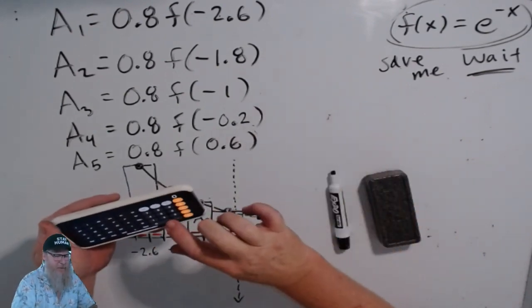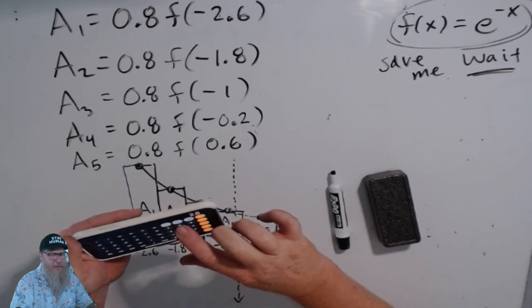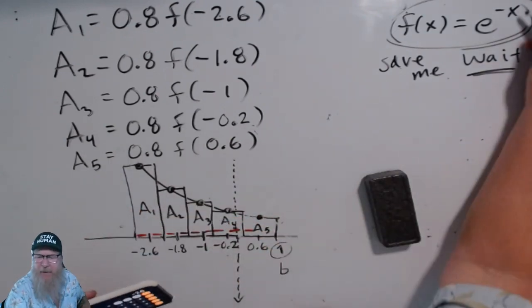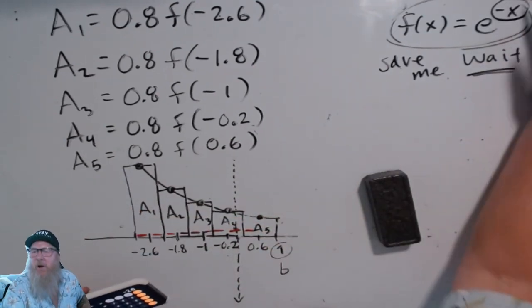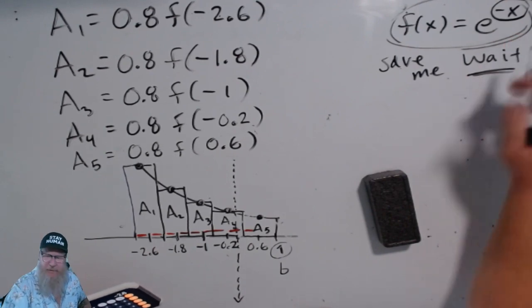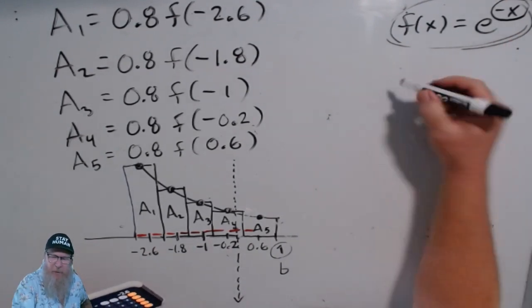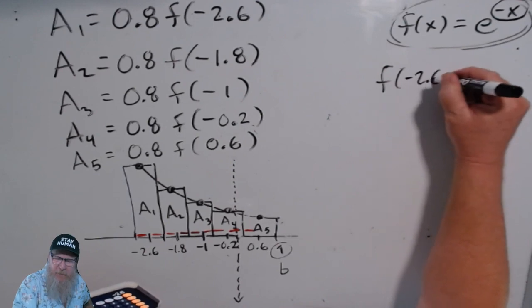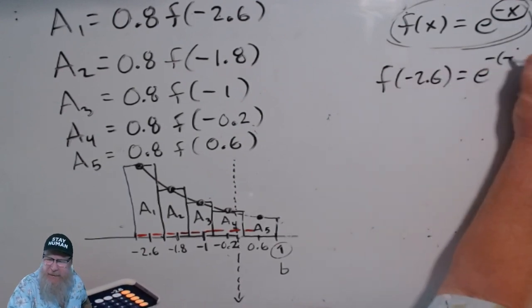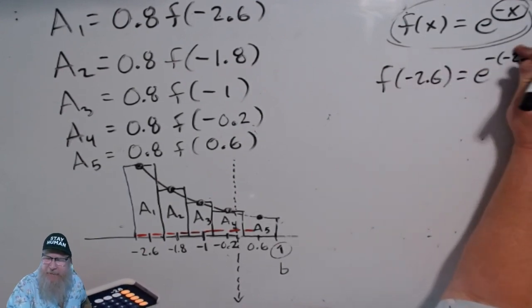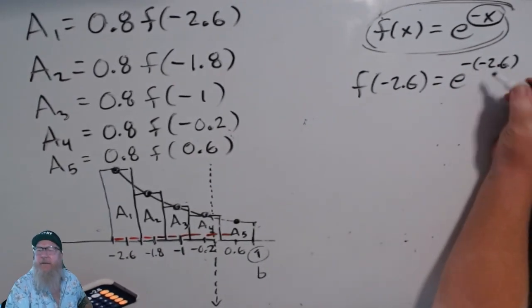So we got negative 2.6. Now I want to point something out. The function is already negative. So when you plug in negative 2.6, it's going to be double negative. Negative, negative.